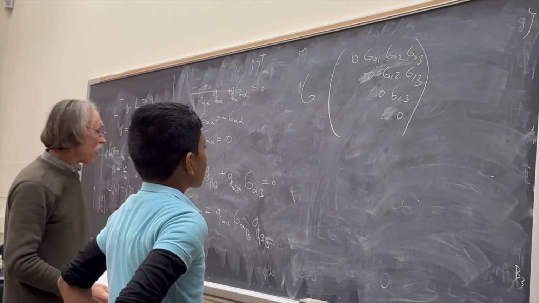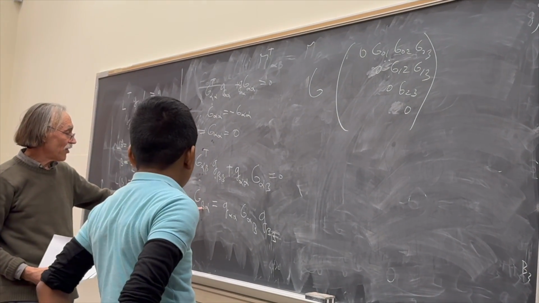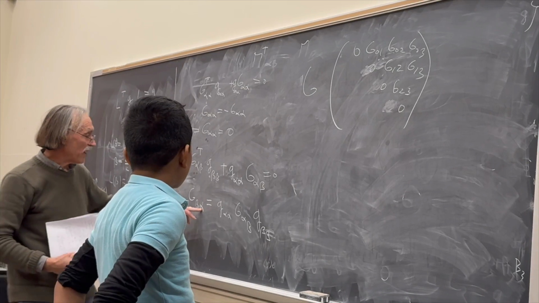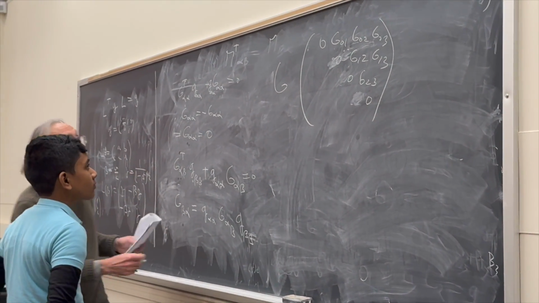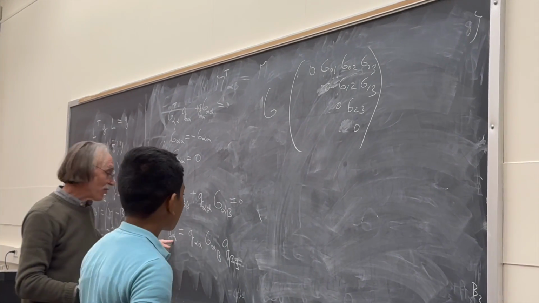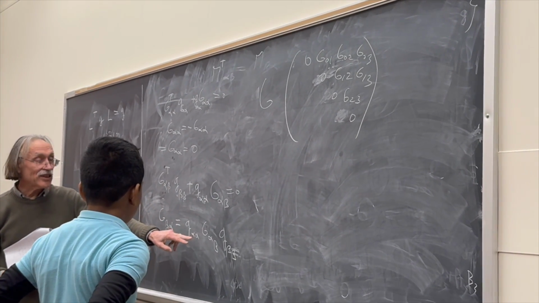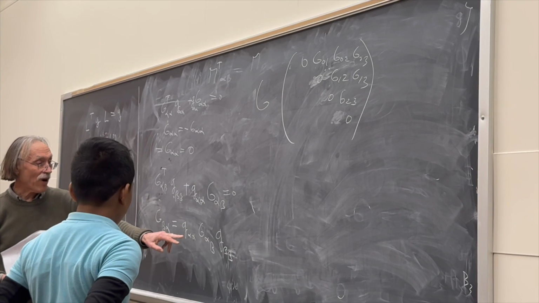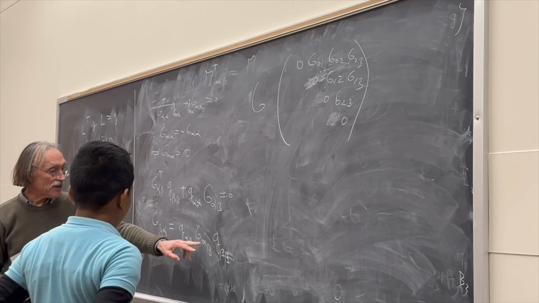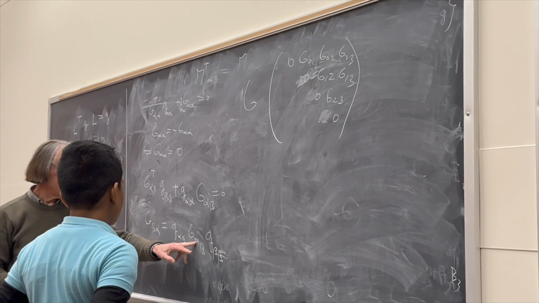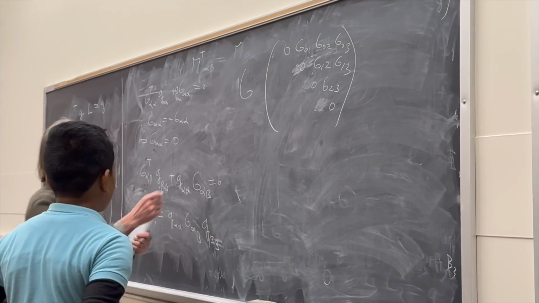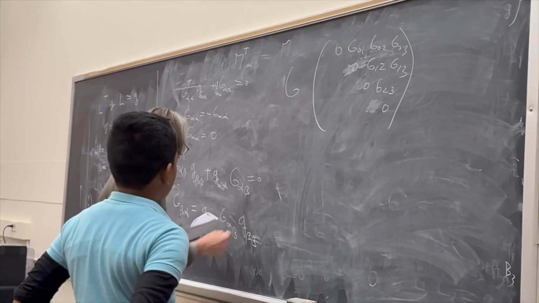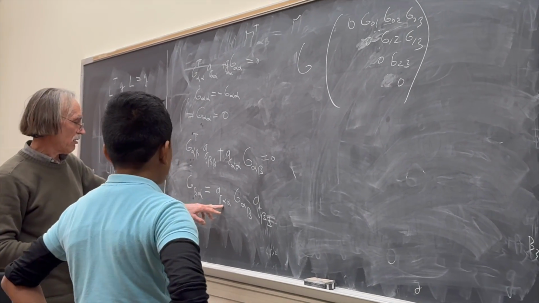Now when alpha is 0, then this is the 0,0 element, that's minus 1, and this is G01 because beta is 1. That should be symmetric.